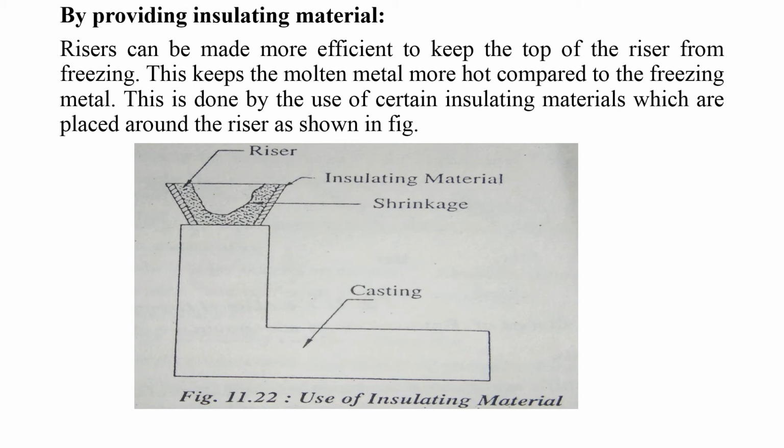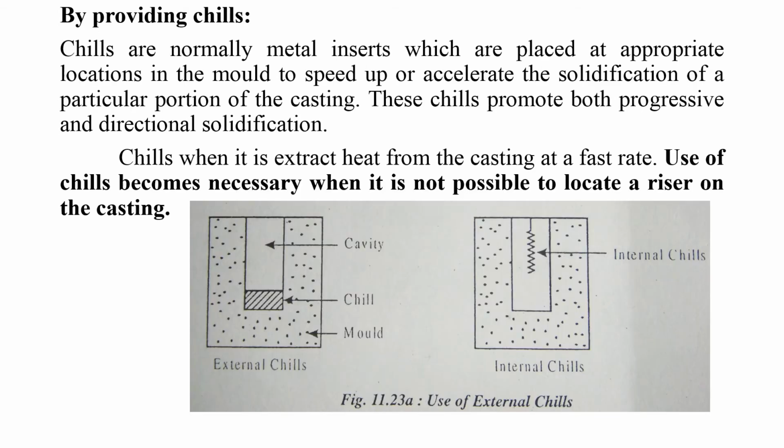So that is providing the insulating material. Next comes the temperature maintaining purpose. Some electric methods are used. Then providing the chills. There are two important types of chills: one is the internal chills and the other is the external chills.